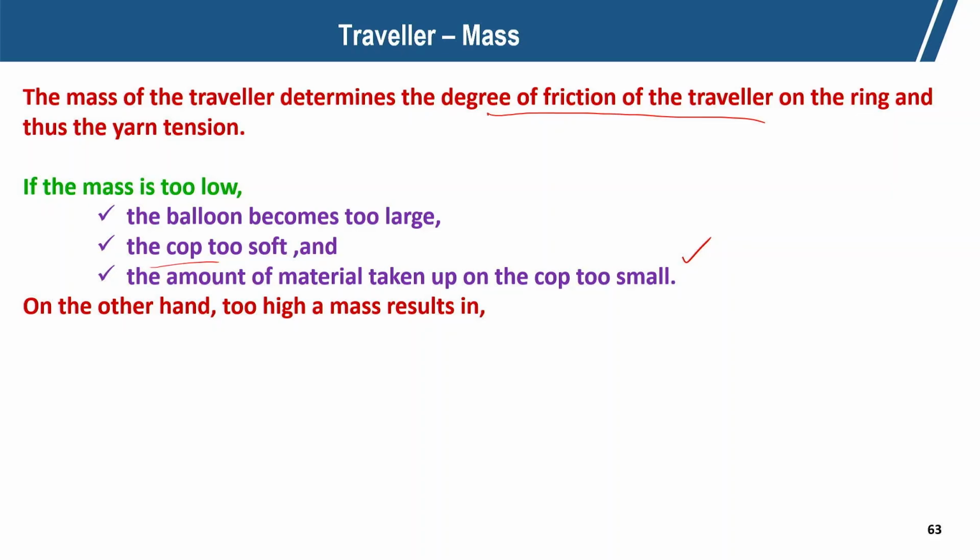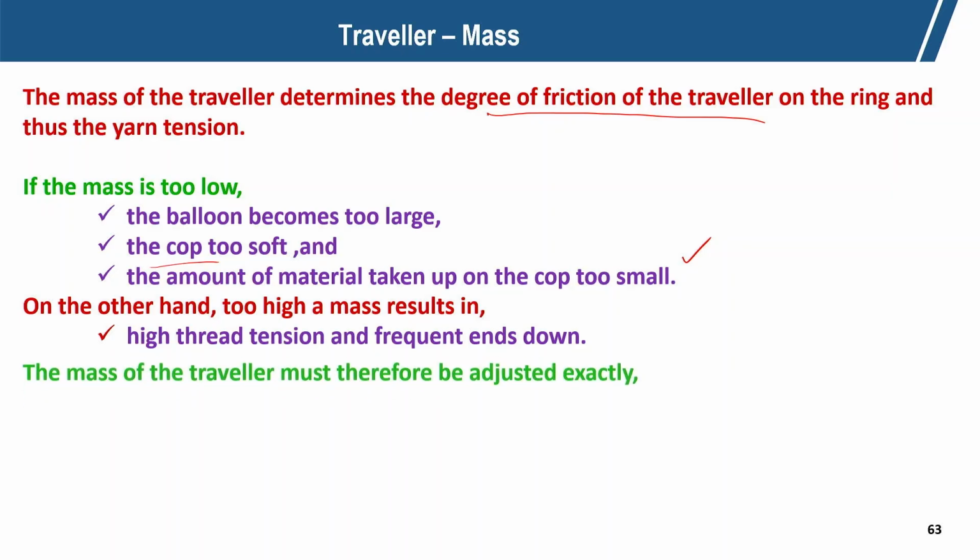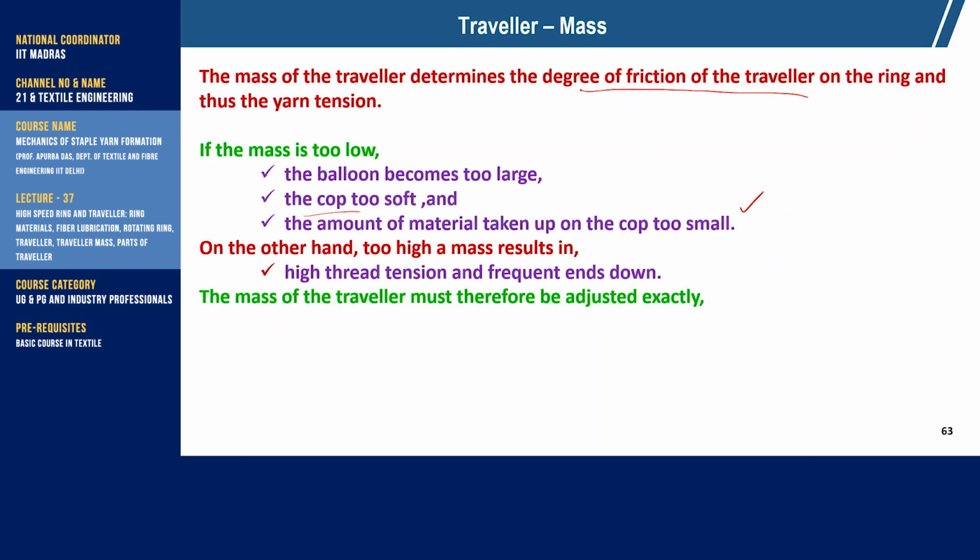On the other hand, if the mass is very high, then high tension and frequent breakage will be there. So, mass must be perfectly adjusted based on the spindle speed and on the yarn count.